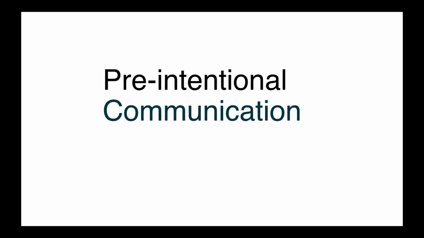All of these forms of communication can happen without the student intending to communicate to someone else. In other words, the student is not intentionally trying to get a particular response, but we can teach them to use these behaviors to communicate intentionally.